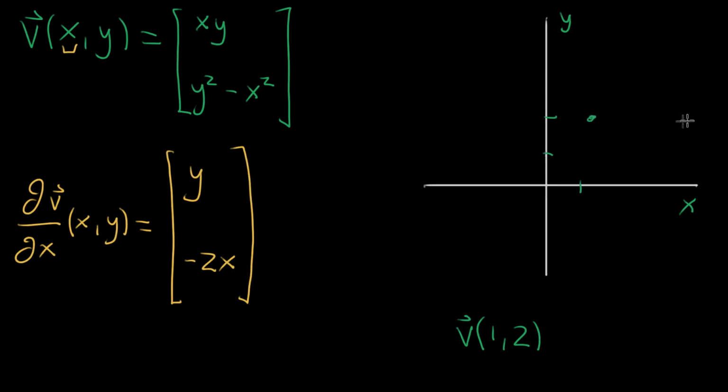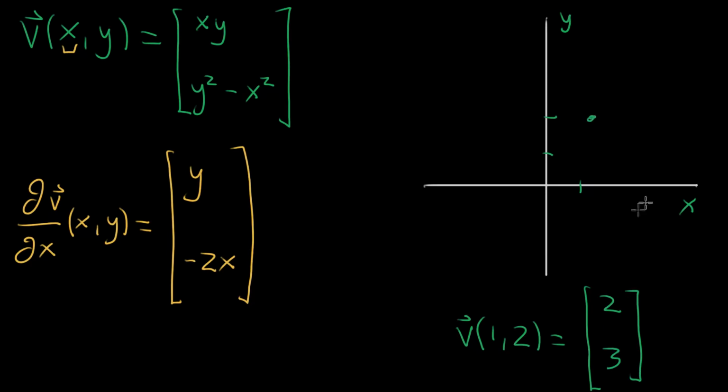We want to associate that with the output vector. So let's compute what it should equal. When we plug in x equals 1 and y equals 2, x times y becomes 2. y squared minus x squared becomes 2 squared minus 1 squared, so 4 minus 1 is 3. So we have this vector 2, 3 that we want to associate with that input point.